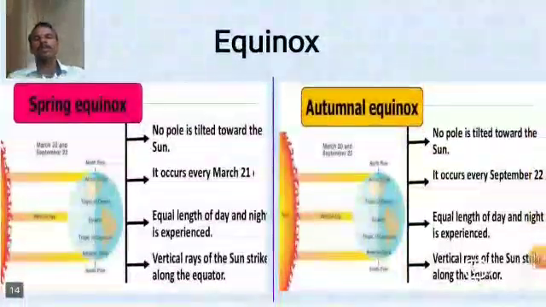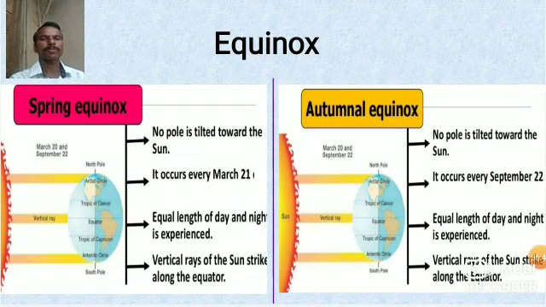So equinox, through this flow chart we understood the spring equinox. No pole is tilted toward the sun. If you see here, the south pole and north pole are straight. It's never tilted toward the sun.